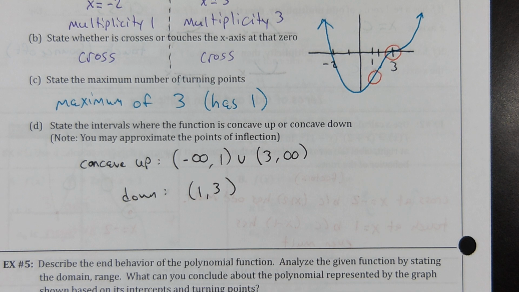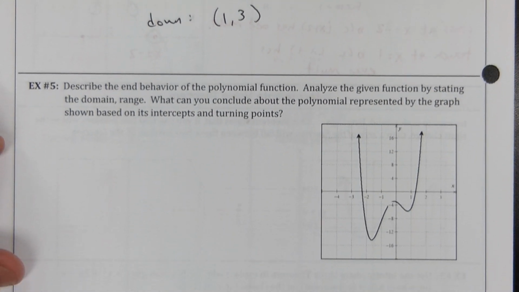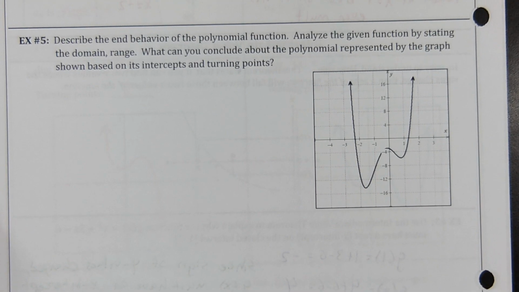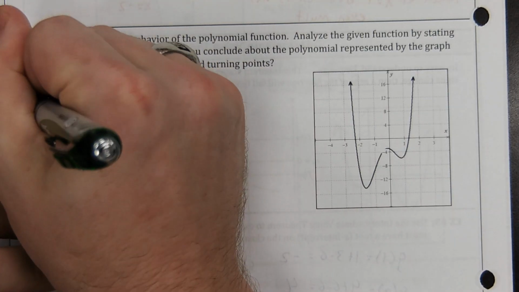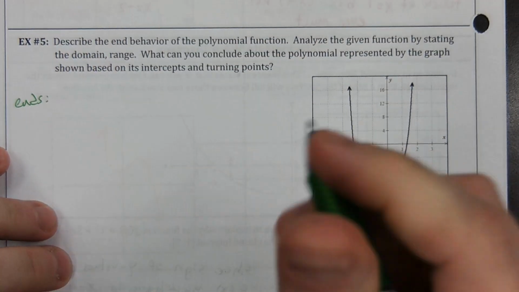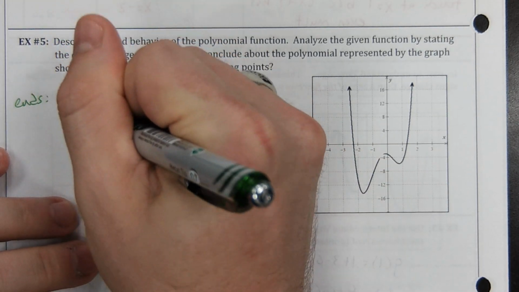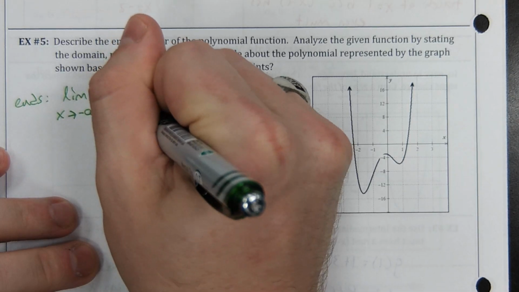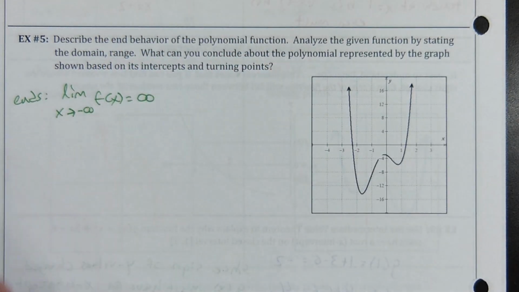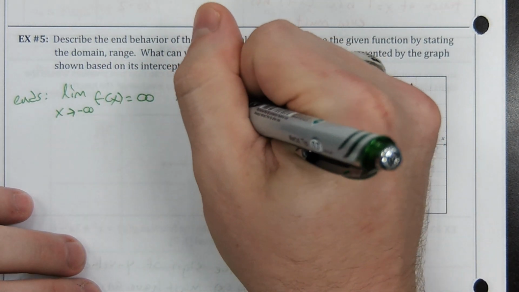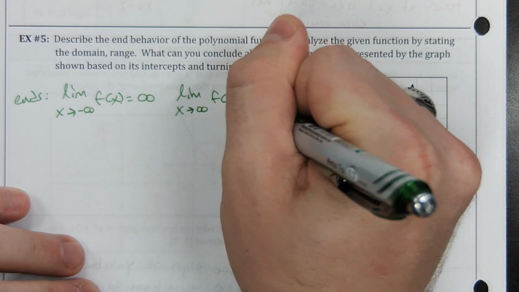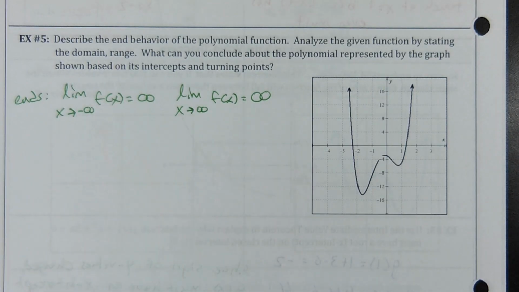And this last question down below, it really just wants us to say all the things that we know are true about this. So in end behavior, they both point up. So the limit as x approaches negative infinity of f of x is positive infinity. And the limit as x approaches positive infinity of f of x is also positive infinity.